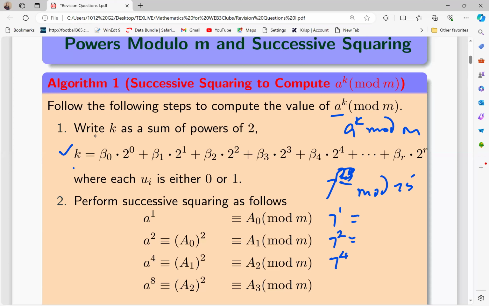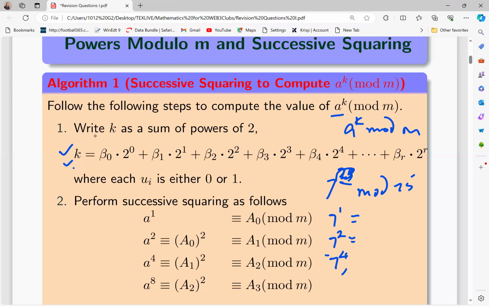So I'm squaring the preceding number. When I square this, I get the one that follows, 7 raised to 2. Then square 7 raised to 2, I get 7 raised to 4. So writing in binary form will assist us to know how many times I need to do that squaring. That reduces our working.